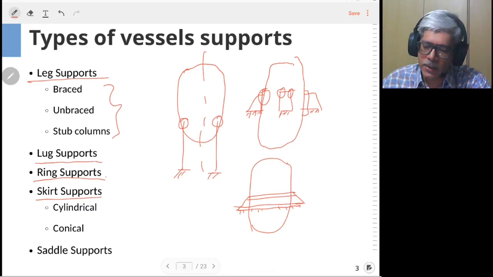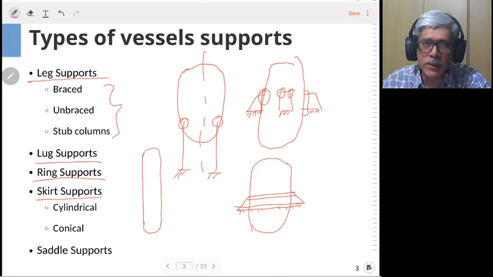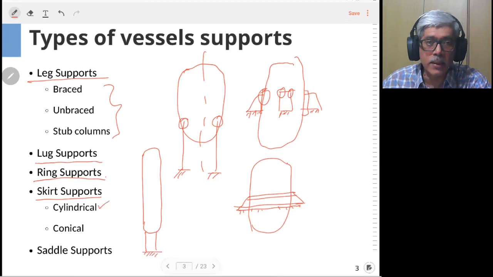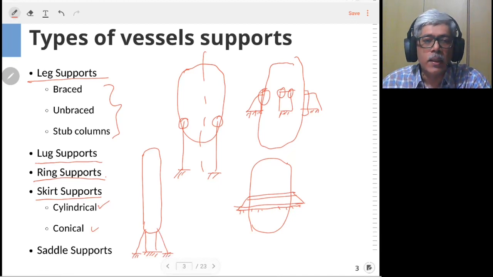Skirt supports are specifically for vertical vessels, and in the skirt supports you have sort of a full cylinder which is supporting the vessel. It could be a cylinder in cylindrical skirts, or it could be of conical shape, and accordingly they are called cylindrical supports or conical supports.